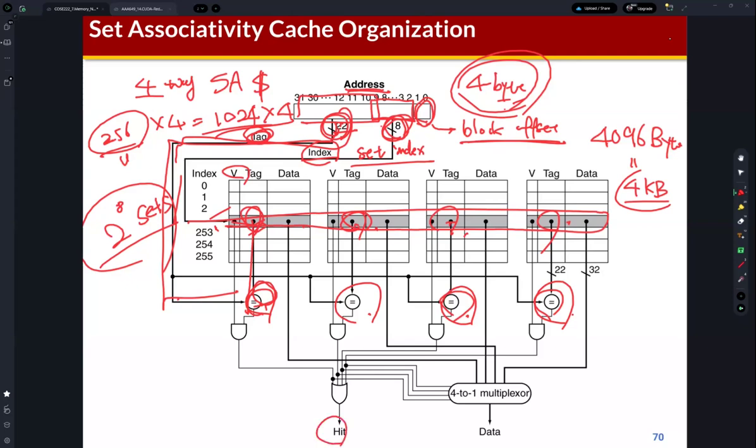So you can find the hit here. And if the cache is hit, then we can read the requested data from the cache, but it's multiplexed. So that's how the set associative cache works, right?